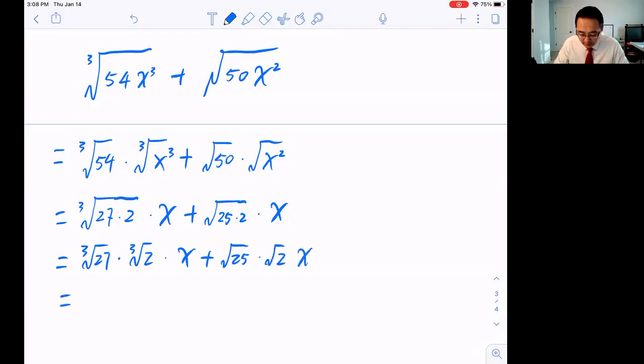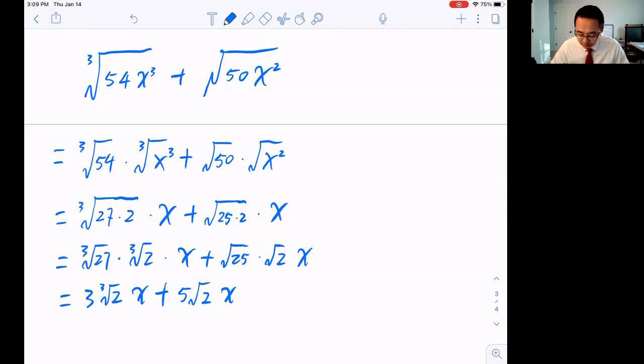So you get 3 times the third root of 2x plus 5 times the square root of 2x, and then whatever that combines to.